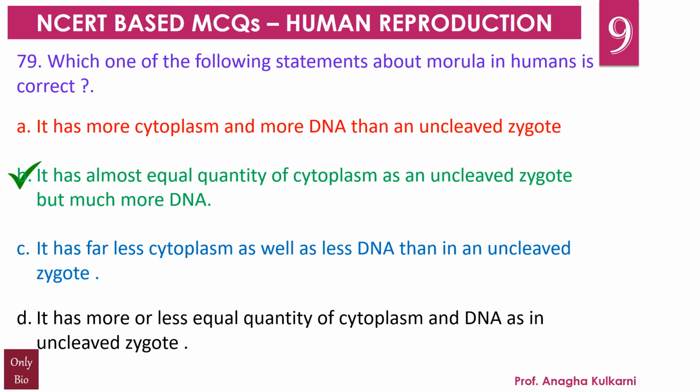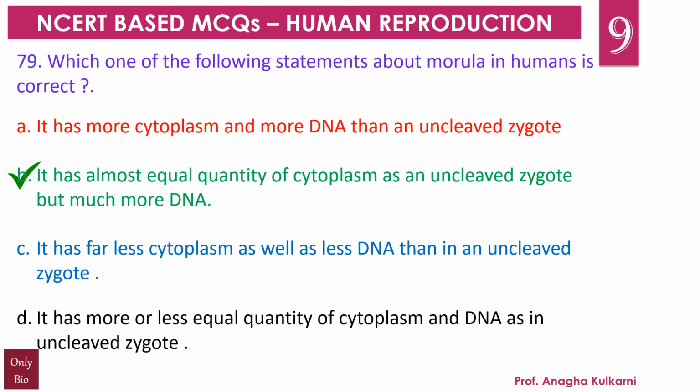The rapid cell divisions during cleavage in the zygote are not accompanied by an increase in cell mass because there is a short interphase, which results in a decrease in the size of blastomeres with increasing number, as total cytoplasmic mass remains similar to that of the zygote. This is the reason why morula has almost the same cytoplasmic mass as that of the zygote.